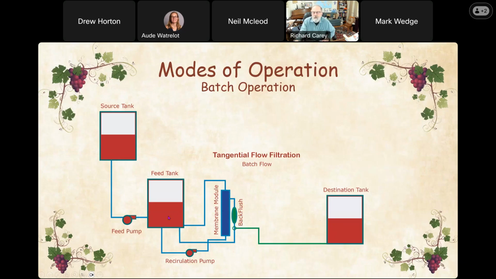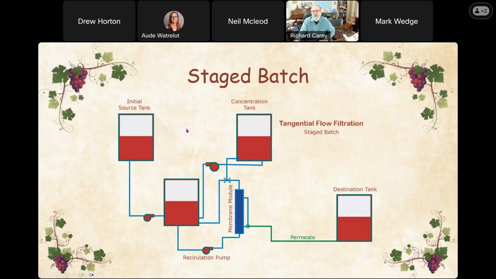And so this is the dirty flow that goes around here. And you have to have a way to have the backflush put the charge back into the dirty tank. So this valve keeps switching back and forth. And this is a relatively simple batch flow for a larger size winery.